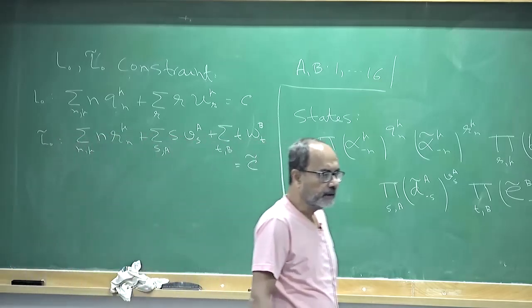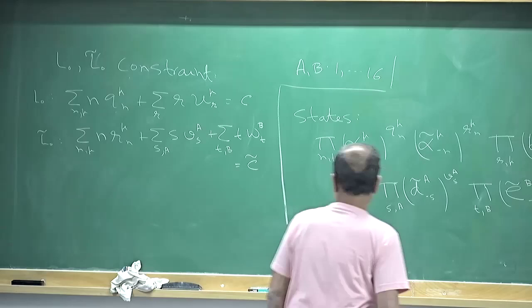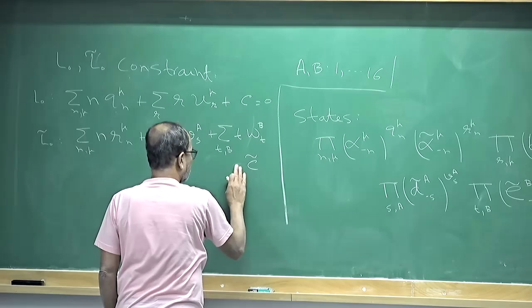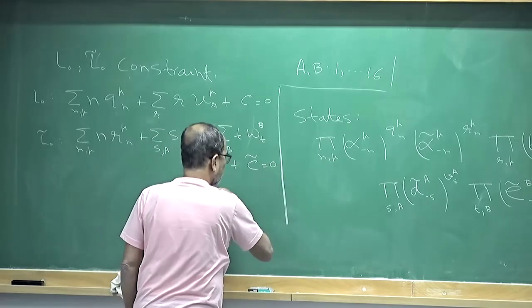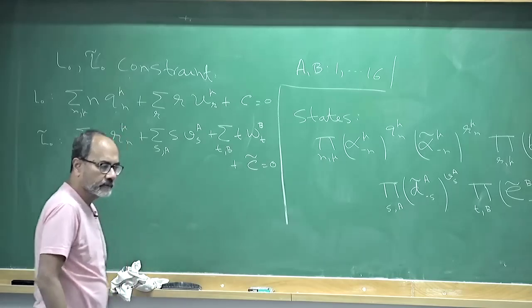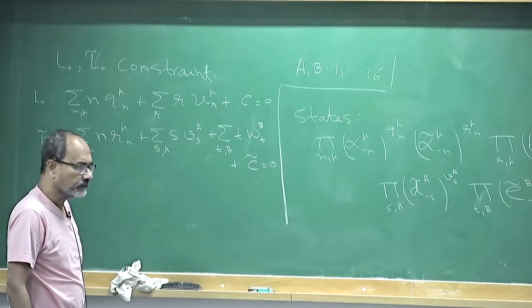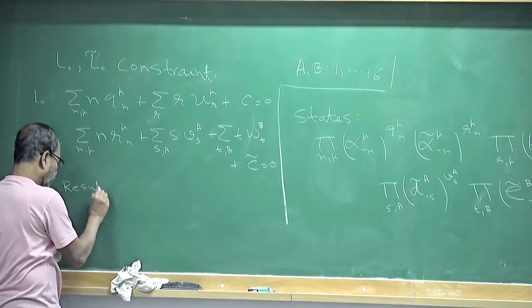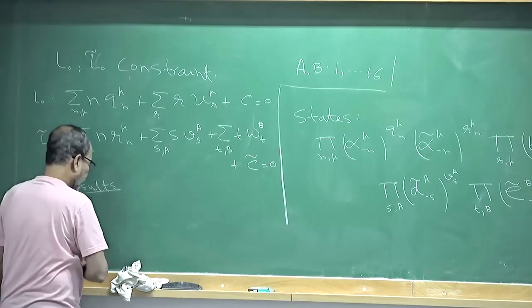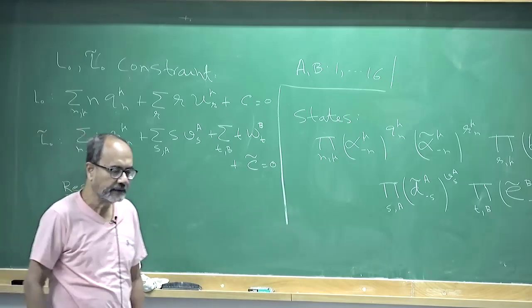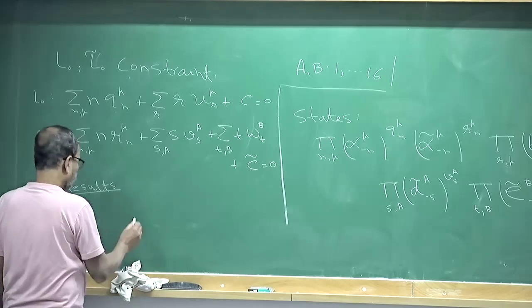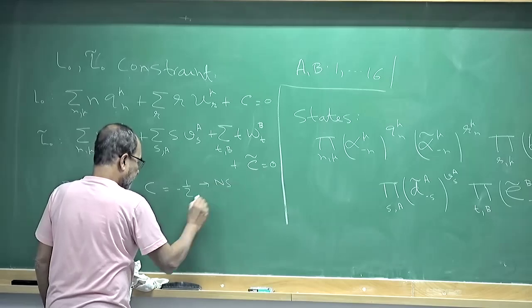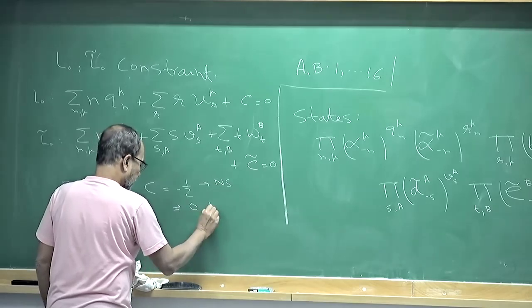That's one. Plus C on the left side, plus C equal to 0. And now the result, again from unitarity analysis, but you can also get it from BRST, which we'll discuss later, is that C is minus half in NS and 0 in R.